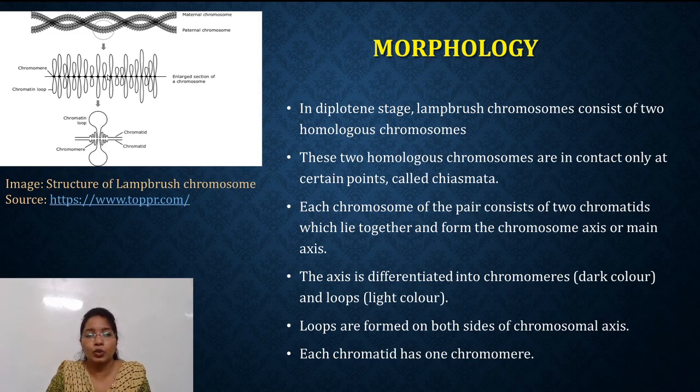These loops are formed on both sides of this axis. Okay, and each chromatid has one chromomere. So this is the figure for the Lampbrush chromosome. This is the axis, these are the chromomeres and these are the loops. This is the enlarged portion of the loop.